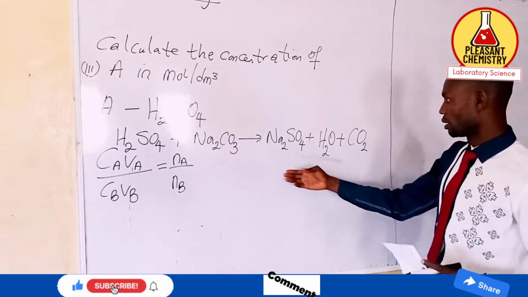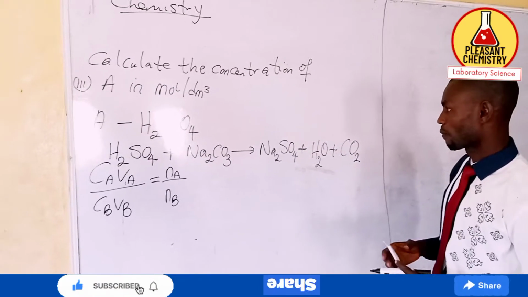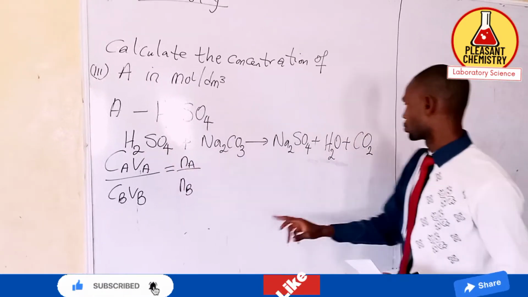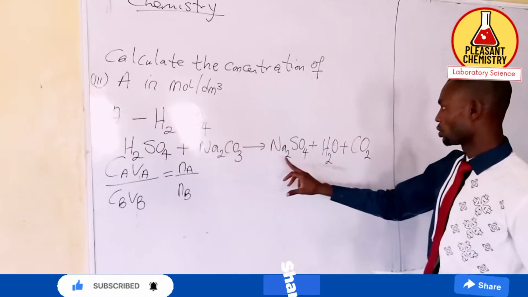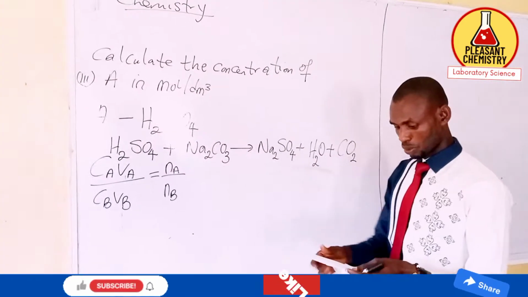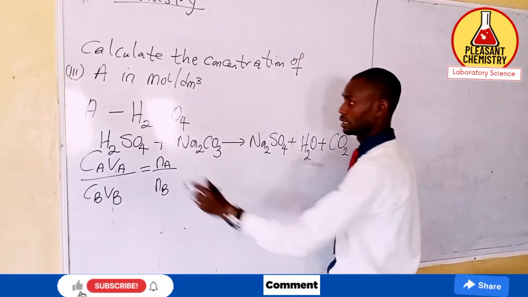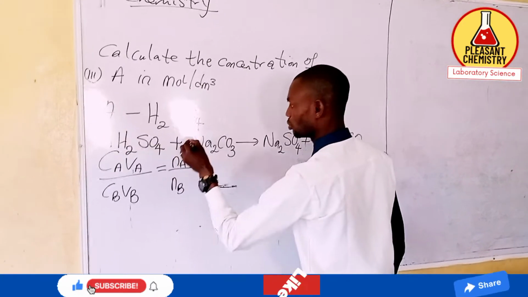If you check very well, is the equation balanced? How many hydrogen do we have? We have 2. Sodium is 2 here, sodium is 2 here. So in that case, the equation is balanced. The mole ratio here is 1 and the mole ratio here is also 1.